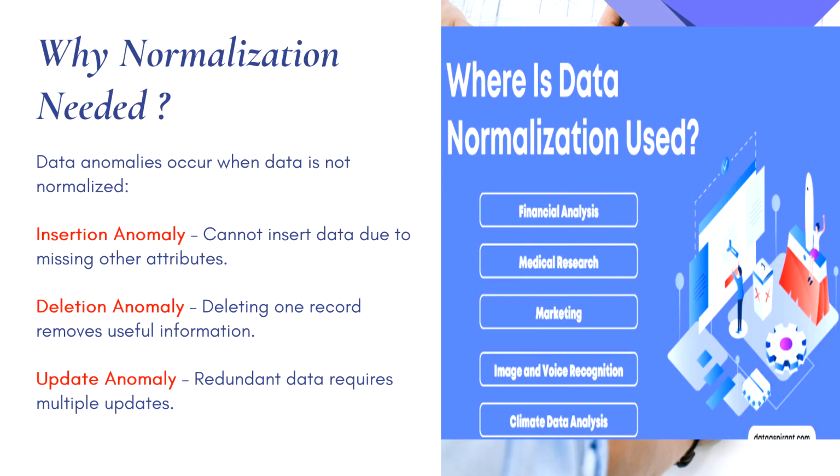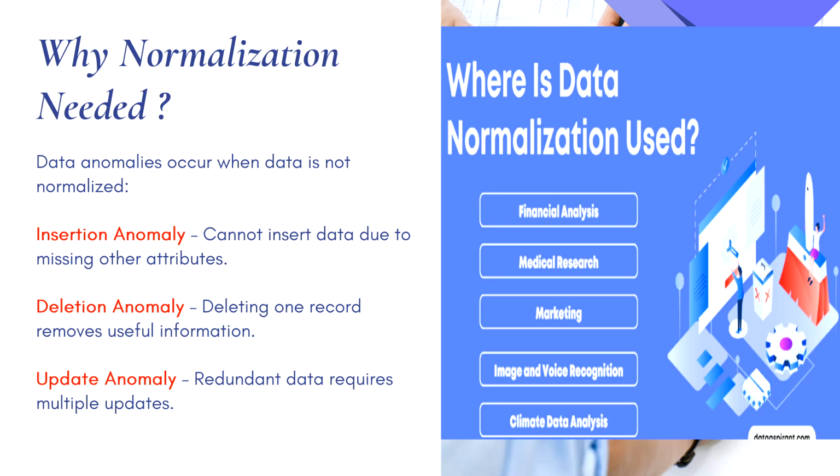Why is normalization needed? When data is not normalized, data anomalies occur. That is, inconsistency in retrieving the data will occur. So we have several types of anomalies. First one, insertion anomaly. Insertion anomaly means you cannot insert a record because some other data is missing. For example, you cannot add a new student without assigning them to a course.